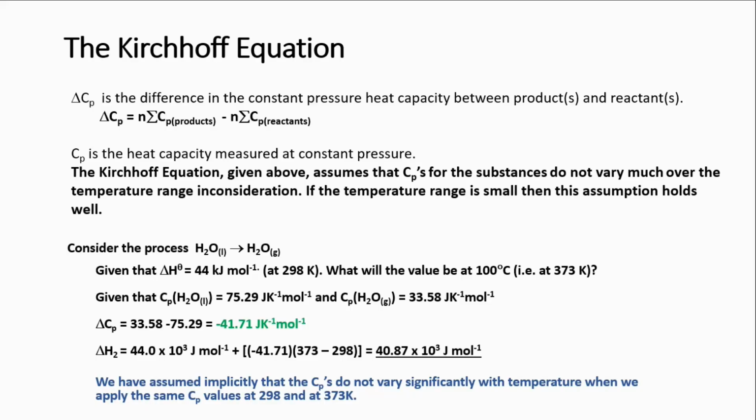And then you have also the constant pressure heat capacity value for steam, which is 33.58 joule per Kelvin per mole. Now, when you calculate the difference between these two, giving consideration to the stoichiometric coefficients in this equation, where the stoichiometric coefficient is 1, we have a delta Cp value of minus 41.71 joule per Kelvin per mole.